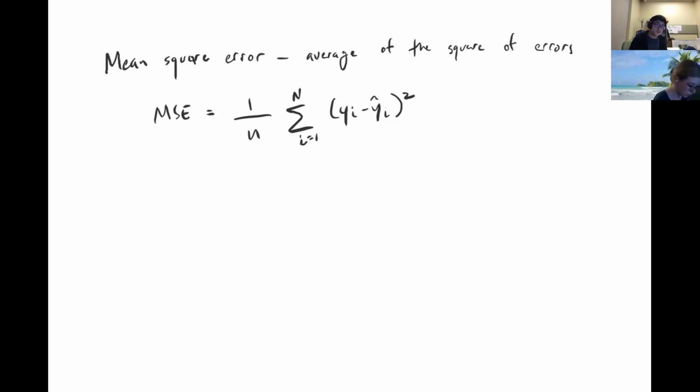And it's really critical to have some kind of normalization by dividing by n. Otherwise, your squared error will always continue to increase as you put more and more data into it, right?